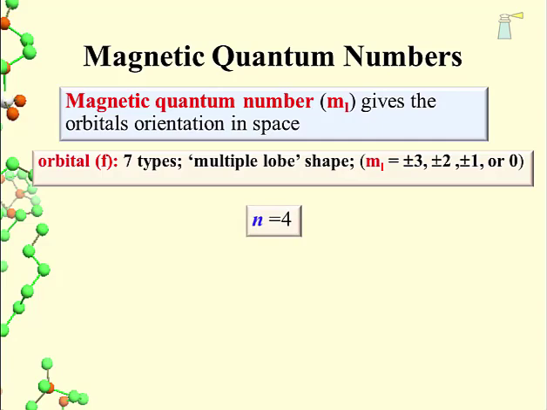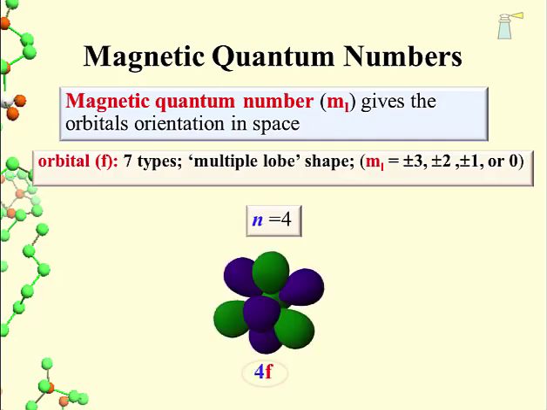The f orbitals really show that they spring from mathematical equations. This single 4f orbital should suffice to demonstrate that multiple lobe shape that f orbitals take. The important fact to remember here about the f orbitals is that they first appear at the n equals 4 energy level, and that there are 7 of them.